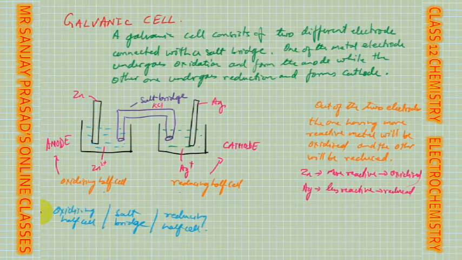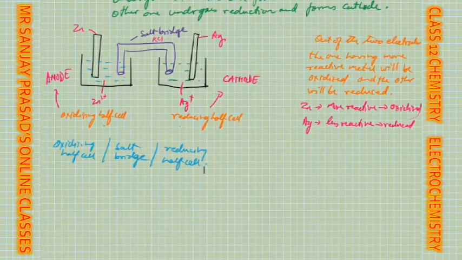So these are the three parts of a galvanic cell. Oxidizing, what happens, we have already done. Reducing, that also we have done. So mainly we have to know about the salt bridge. Okay, so let's study more about the salt bridge here.